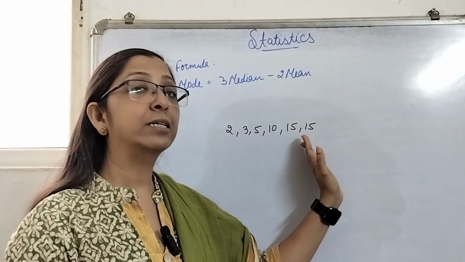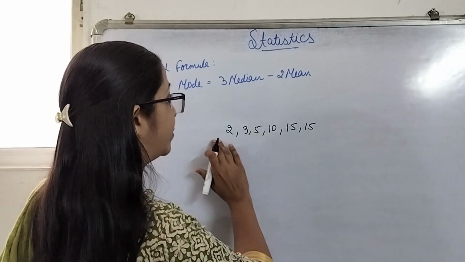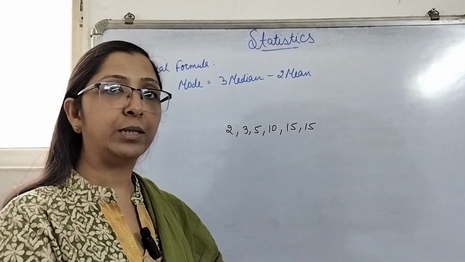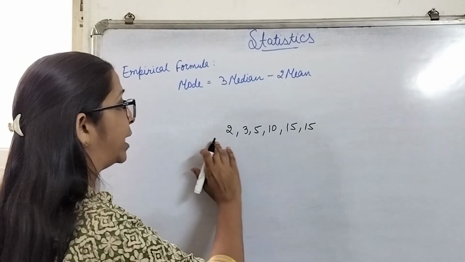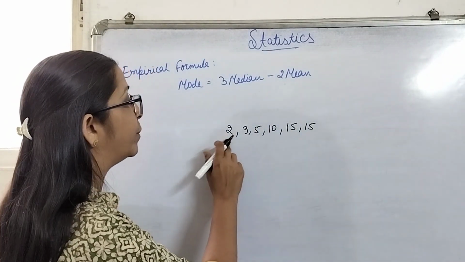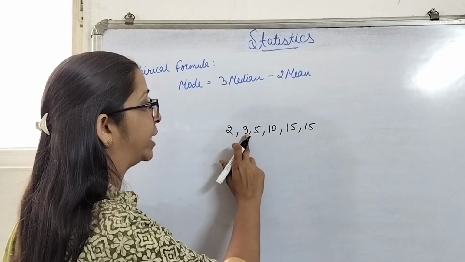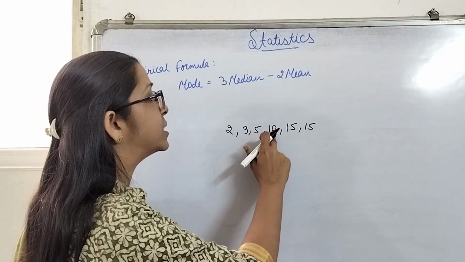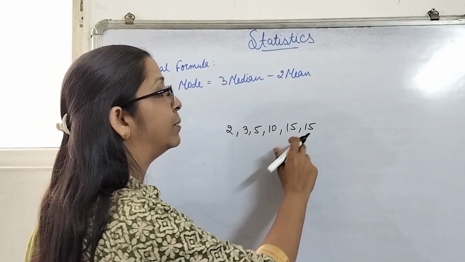So if we are going to find their mean, it will be the sum of all these observations upon the total number of observations. Now, if I add 2 to all the observations, this 2 will become 4, this 3 will become 5, this 5 will become 7, this 10 will become 12, this 15 will become 17.